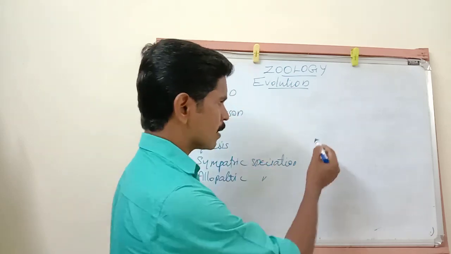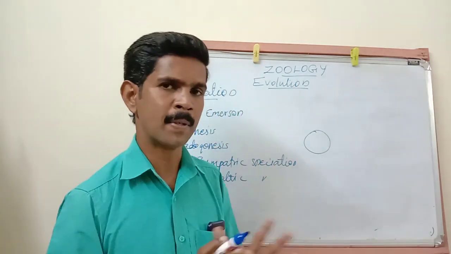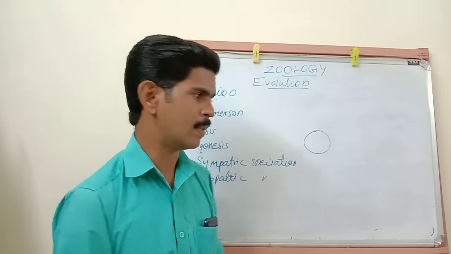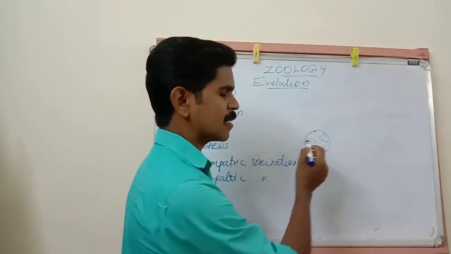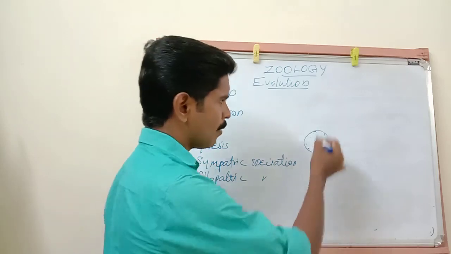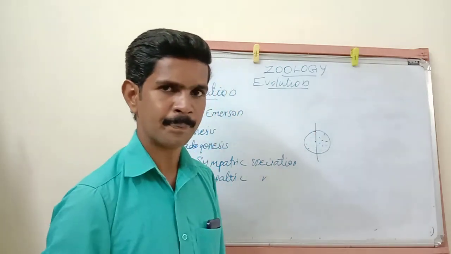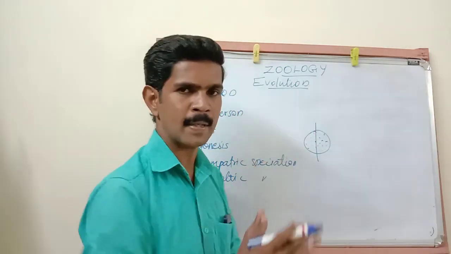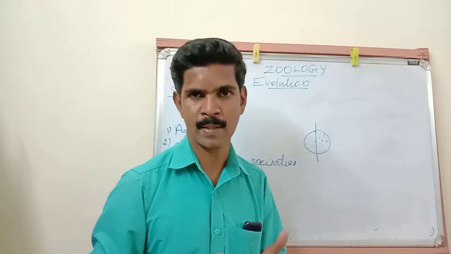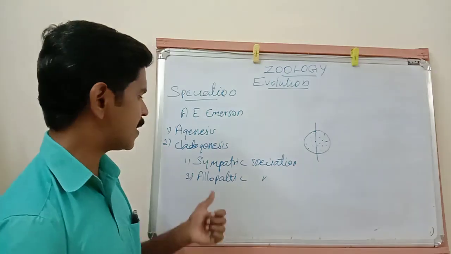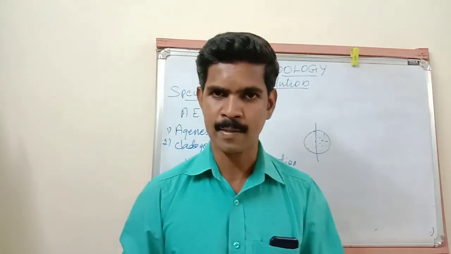Listen, this is one population. Many members are here, nearly 1000 members in this population. Because of one natural barrier, these two populations are separated or isolated from each other. This type of speciation is called allopatric speciation.